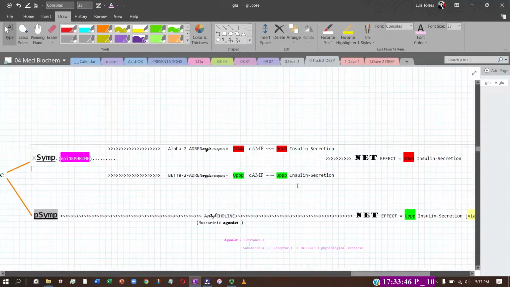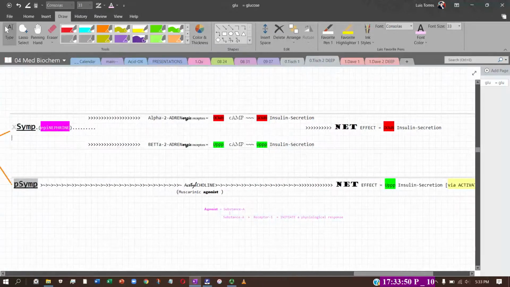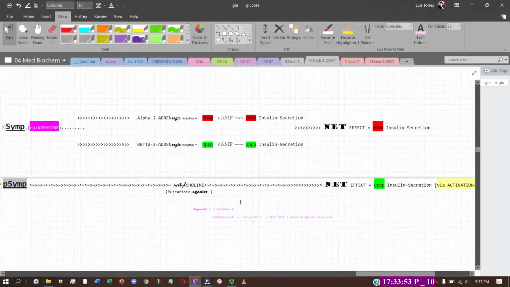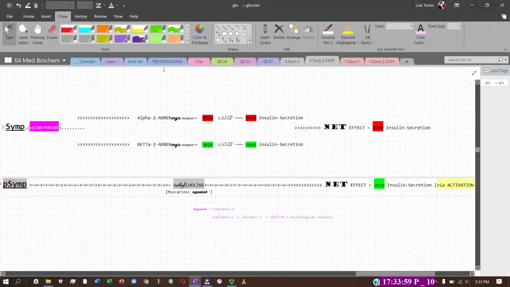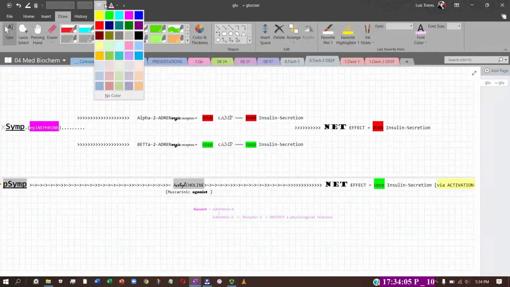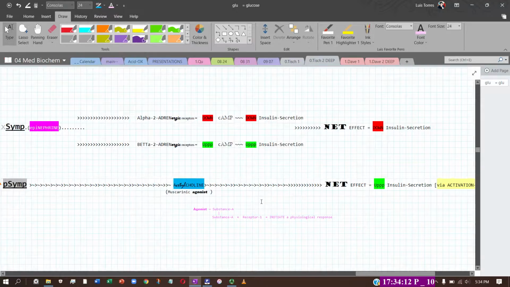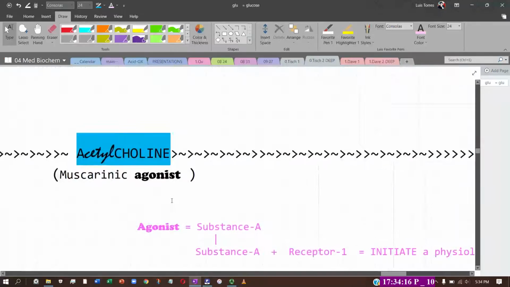It decreases. So now, in the context of the parasympathetic system, you must take into consideration acetylcholine, and there's another concept involved here called muscarinic agonist. Let's relabel this. We haven't used blue in a while, so let's use blue. Acetylcholine, muscarinic agonist.